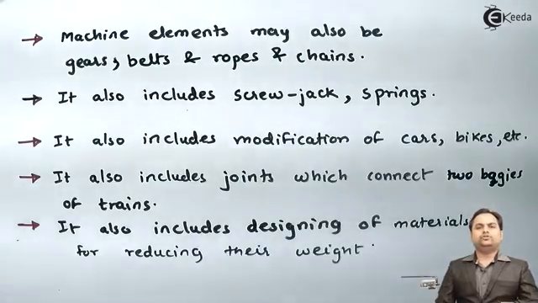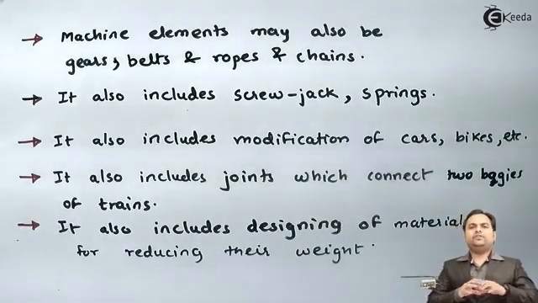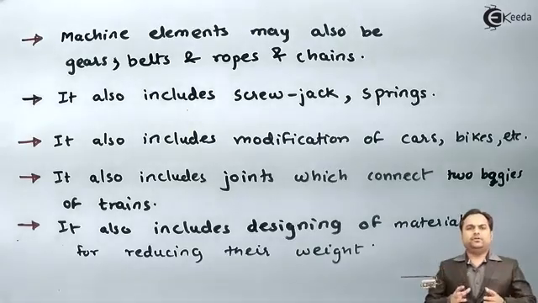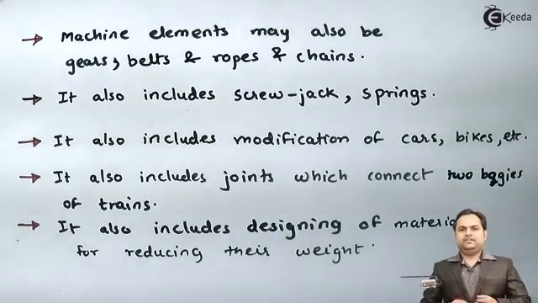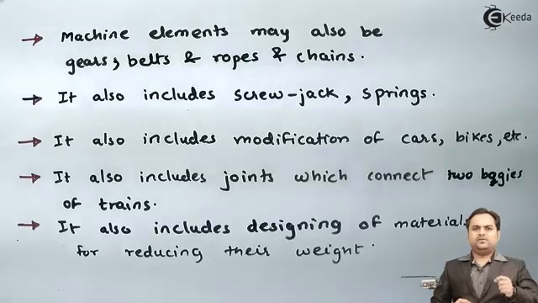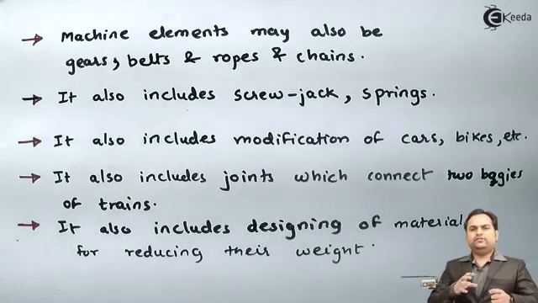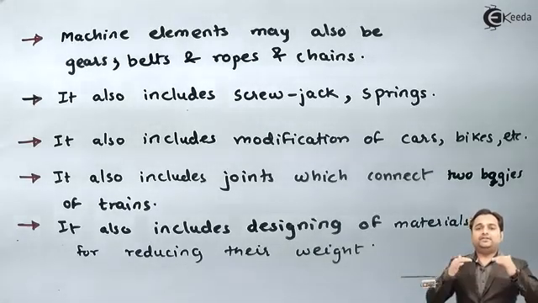If we have the knowledge of machine design, we can reduce the weight of a particular machine element by analyzing where the force will be maximum and where it will be minimum. Accordingly, we can reduce the material and make the structure lighter.